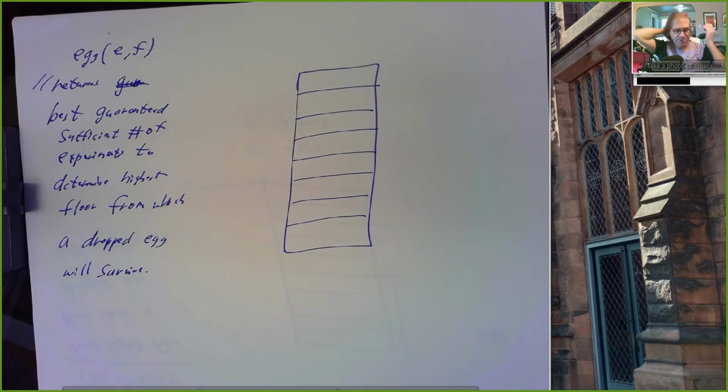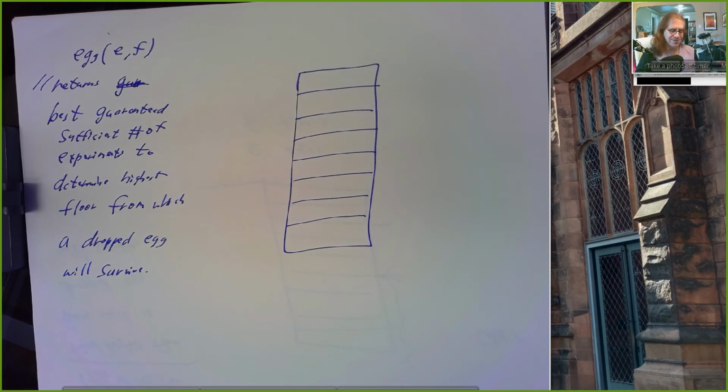We don't know anything about these eggs, we don't know what their composition is and so on, but we can conduct a series of experiments to answer this question. And depending on how you run these experiments, you might be able to answer the question with a few experiments. It might take you a great many experiments.